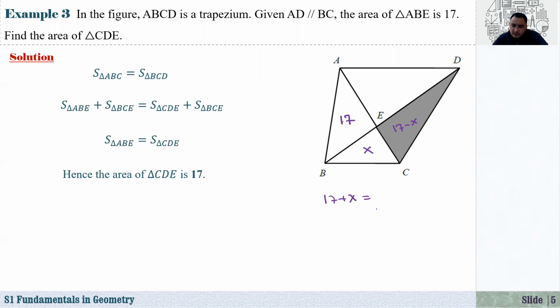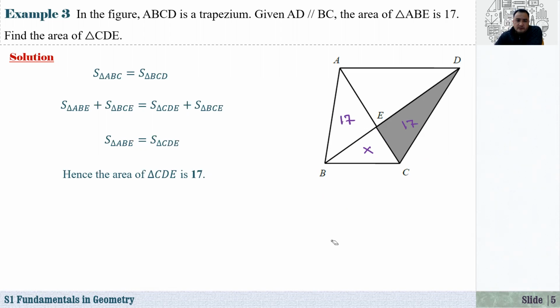Also, if this one is X, then this should be 17 plus X, and also this should be actually 17, because that's a common part.